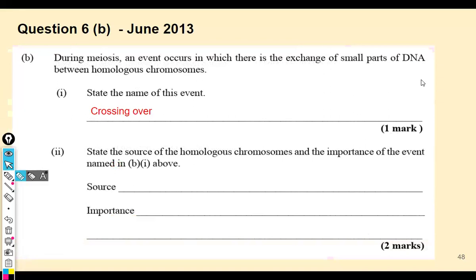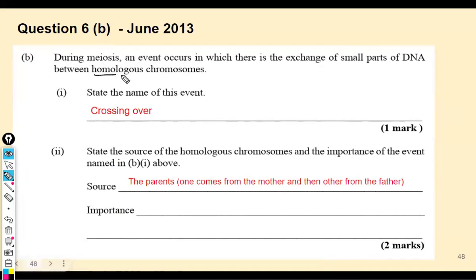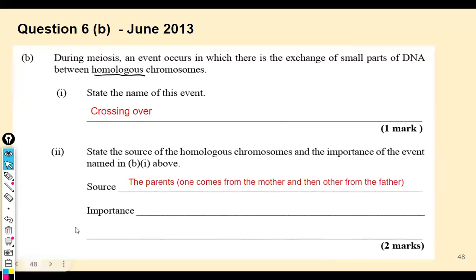Part 2, state the source of the homologous chromosomes and the importance of the events. Remember, the homologous chromosomes are a pair of chromosomes, one from your mother, one from your father. And what's the importance of crossing over, this random exchanging of genes?